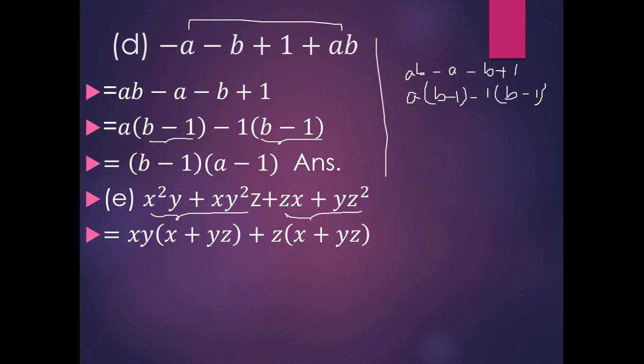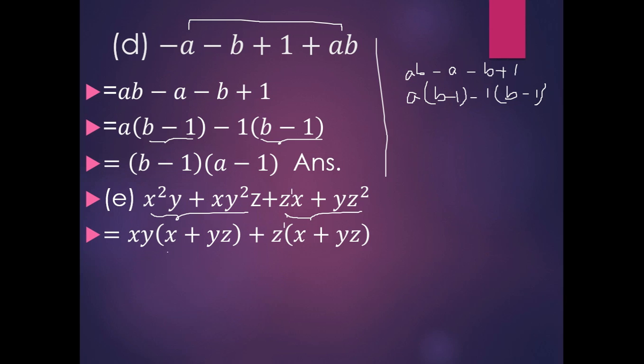Now xy has been taken out common, so here x remains, plus xy has been taken out common, here remains yz, plus from these two z is taken out common, here x remains, and here yz remains. As I have already said, z has power 1 and here 2, so the smallest power of the variable comes out as common. 1 is the smallest power, so the variable having the smallest power comes out as common.